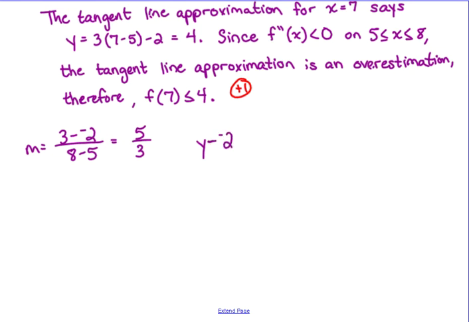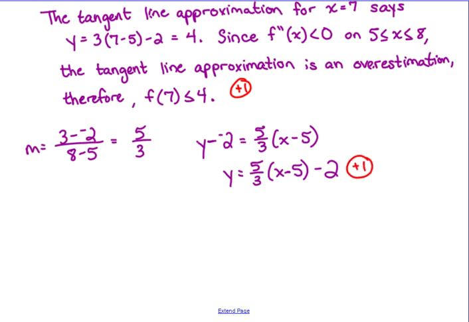So y minus the y value at 5 is equal to the slope times x minus the x value of 5. So y equals 5/3 times x minus 5 minus 2. So that is our secant line. You get 1 point for just writing the equation of the secant line.